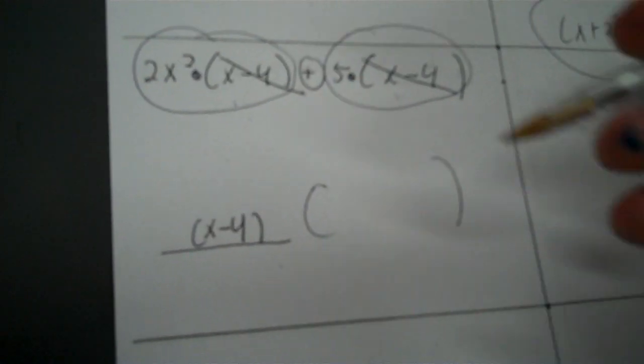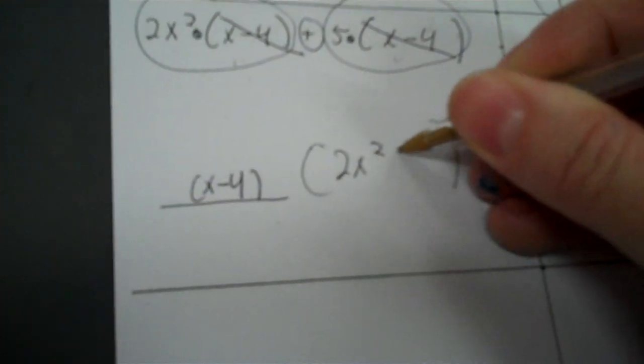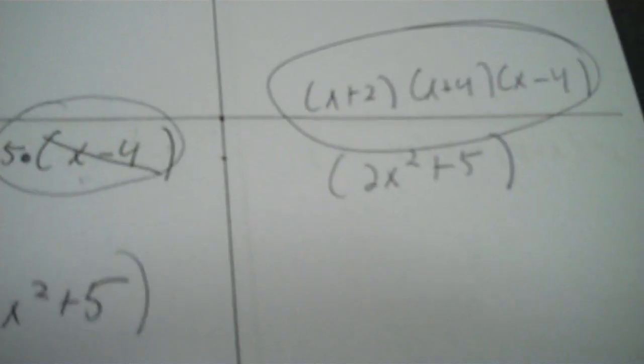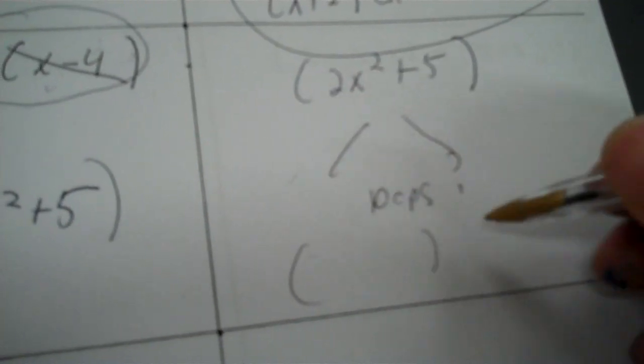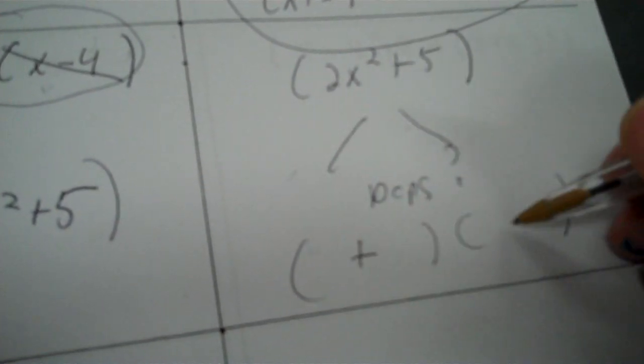And then what I do now is combine 2x squared with 5 to make my second expression. Now this x here doesn't have a power, so we bring that down. And then here I analyze what's going on with the 2x squared plus 5, because x is still to the second power. We're checking that for a DOPS, difference of perfect squares.